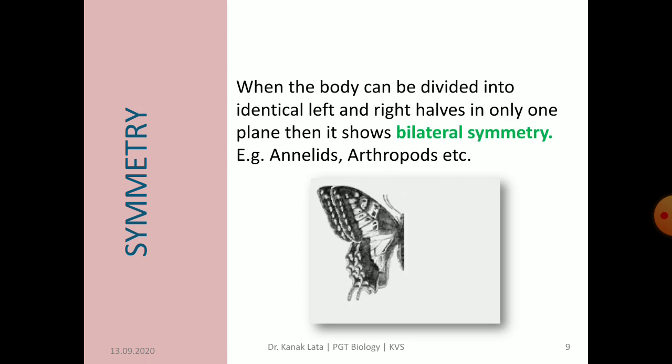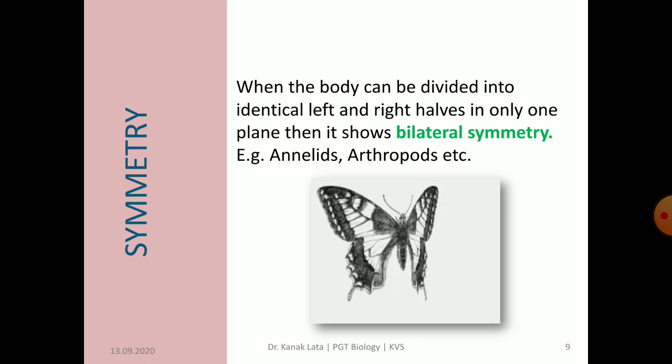In all vertebrates and most invertebrates, the chief organs of the body are paired and are arranged on the sides of a central axis connecting the head with the tail. Thus, the body can be divided into identical left and right halves in only one plane, and it is called bilateral symmetry.